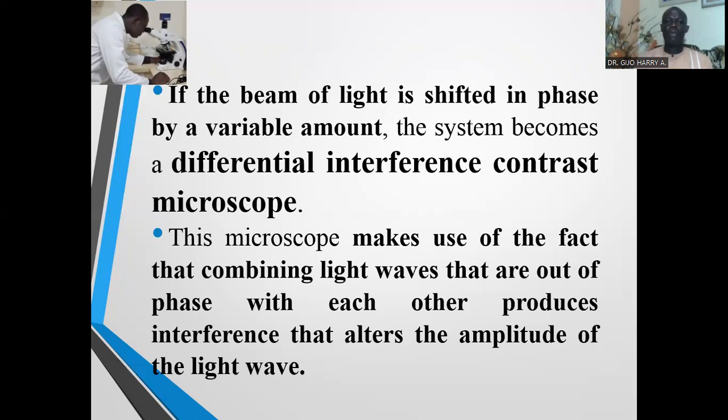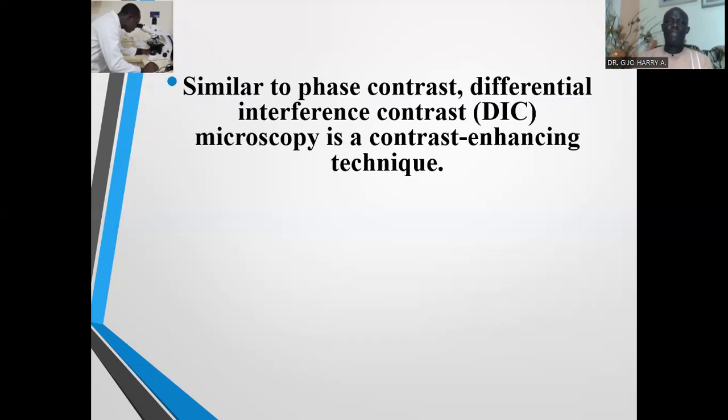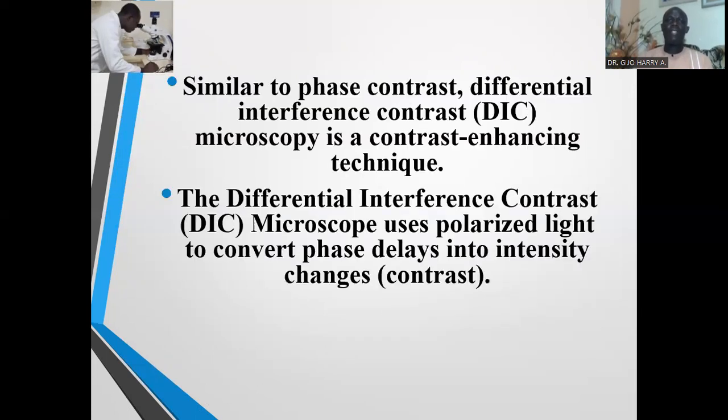This microscope makes use of the fact that combining light waves that are out of phase with each other produces interference that alters the amplitude of the light wave. Similar to the phase contrast, differential interference contrast microscopy is a contrast enhancing technique.